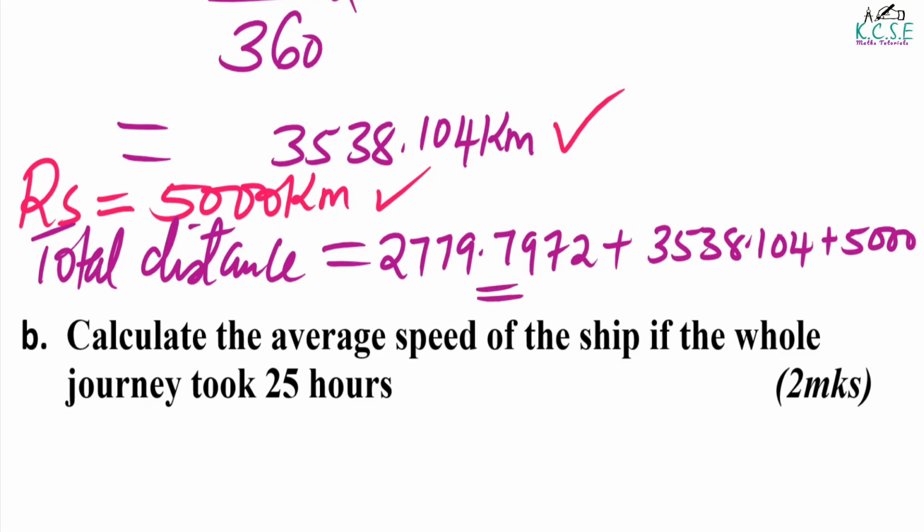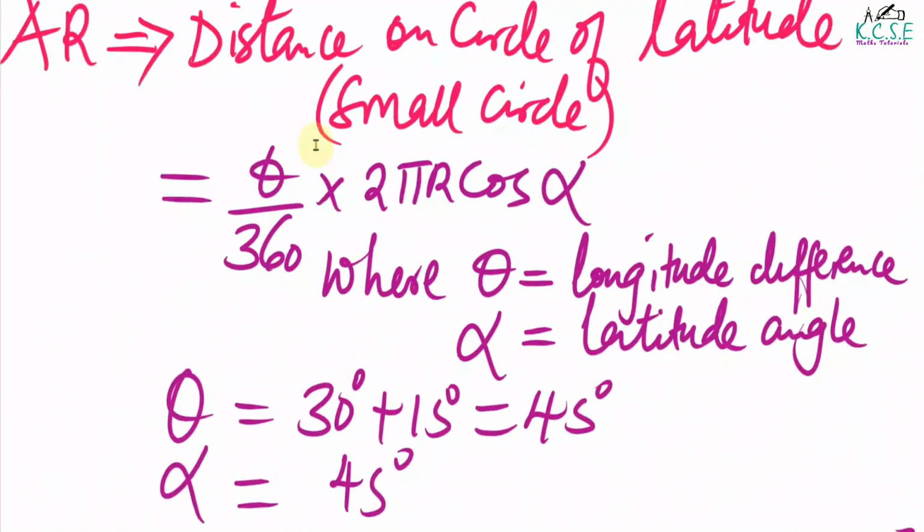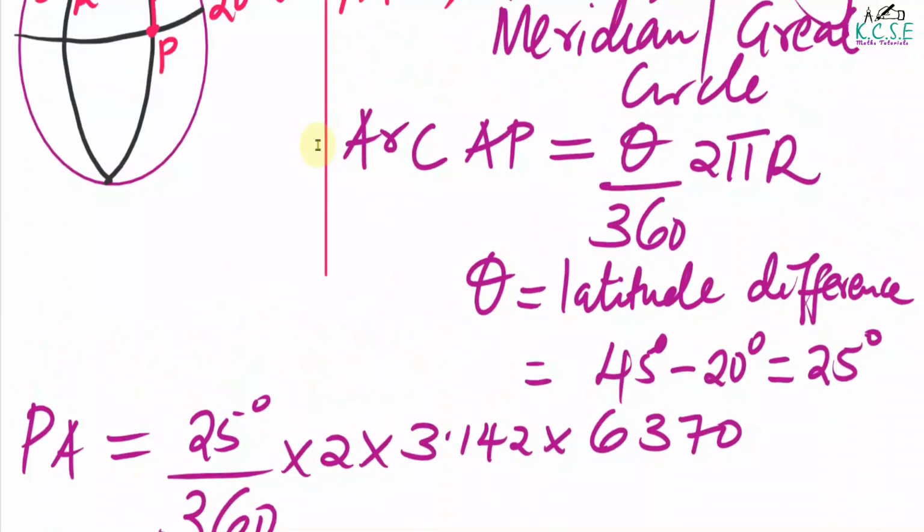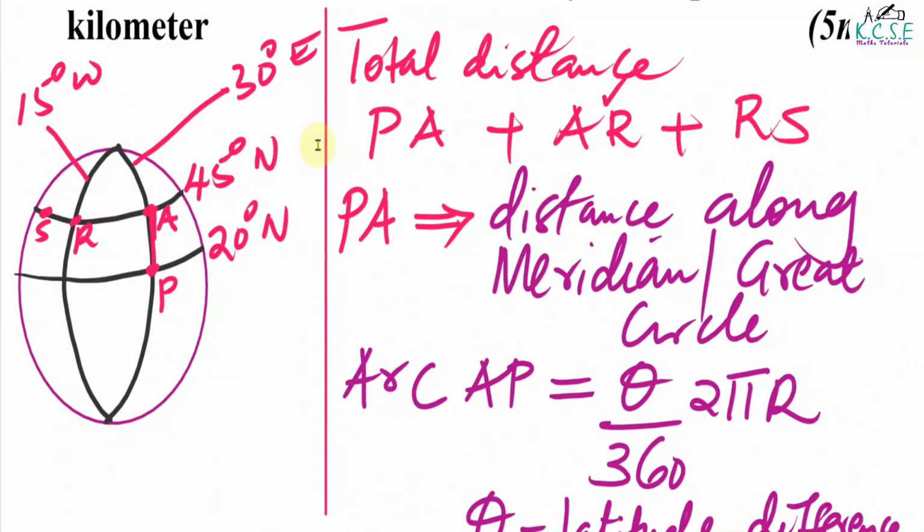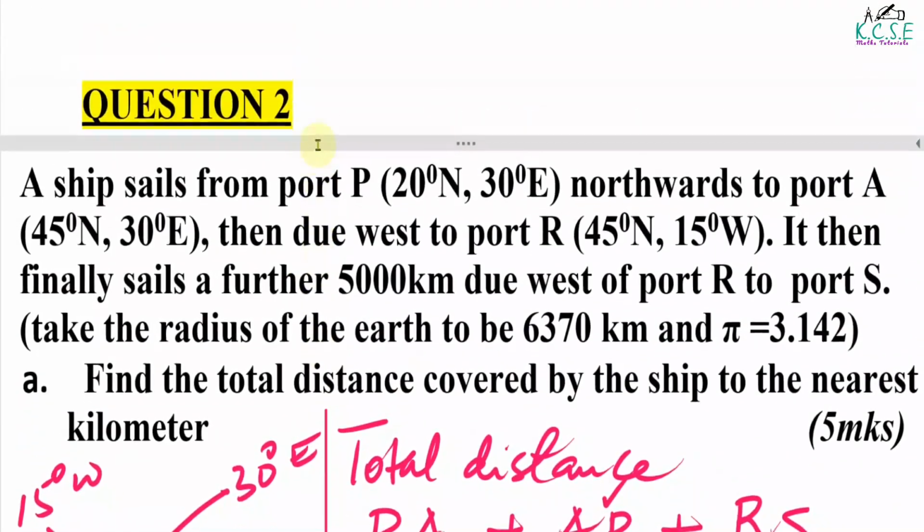When you add it and give it to the nearest kilometer, you get 11,318 kilometers. That is how you are supposed to get the total distance, identifying whether the distances lie on the circle of latitude or the great circle. And it's important to sketch.